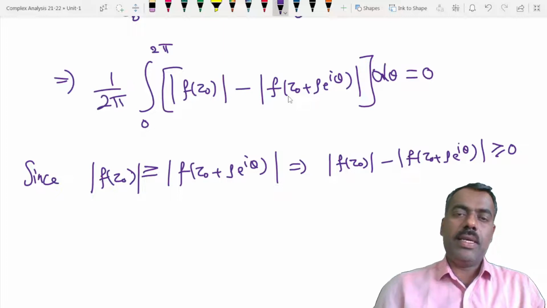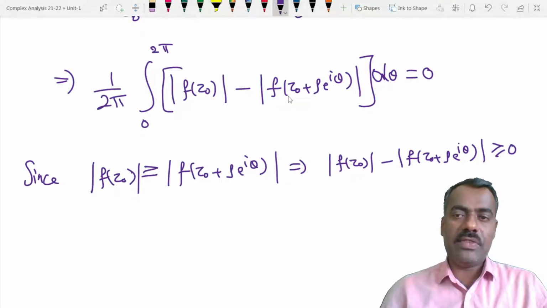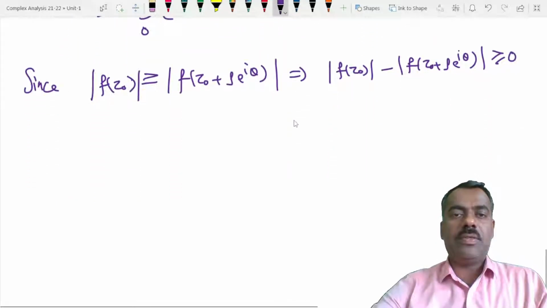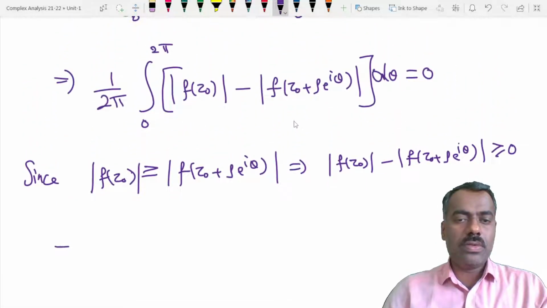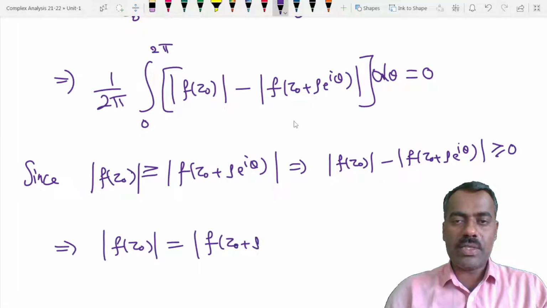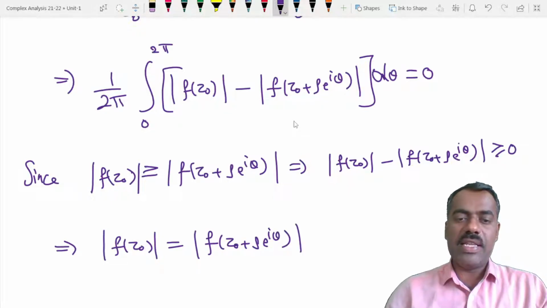Okay, so by real integration, whatever we know from calculus, this means this integrand has to be equal to 0. Therefore, mod f of z naught is equal to mod f of z naught plus rho into e power I theta.